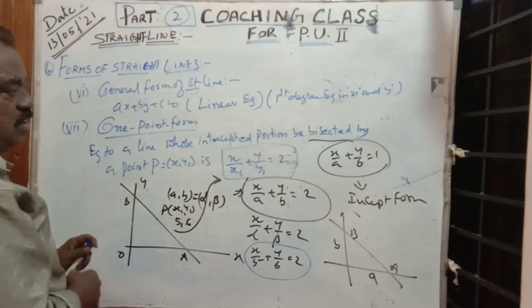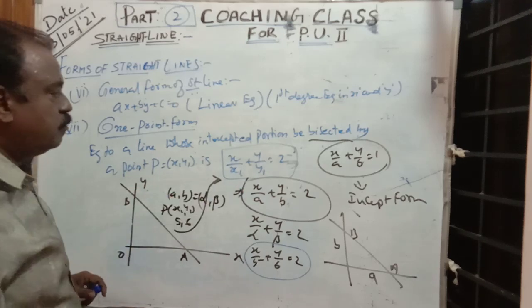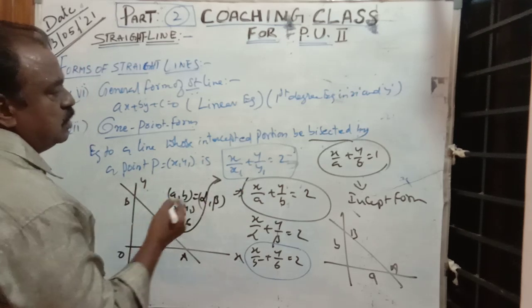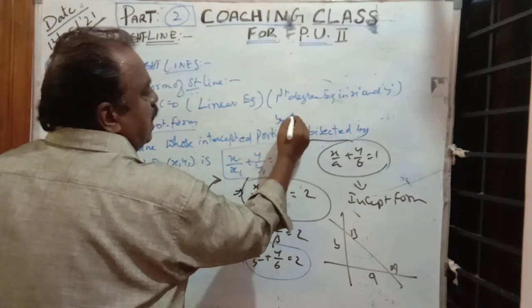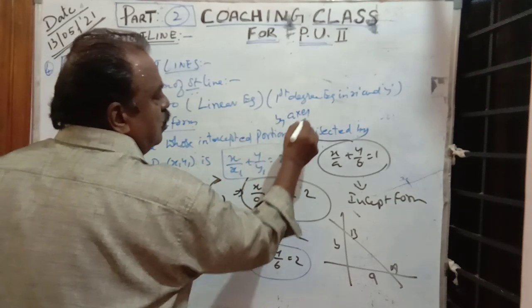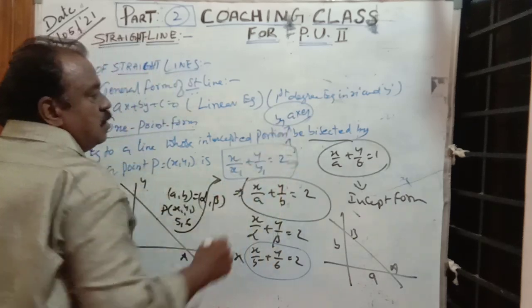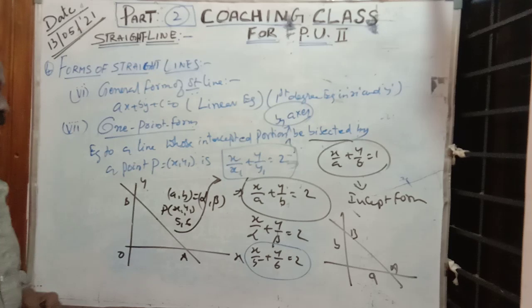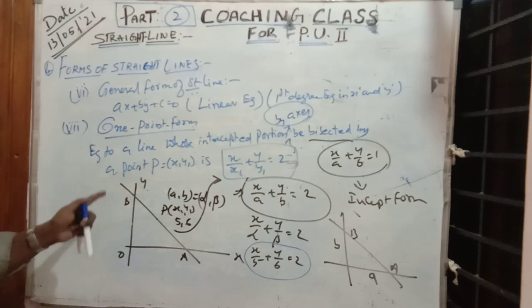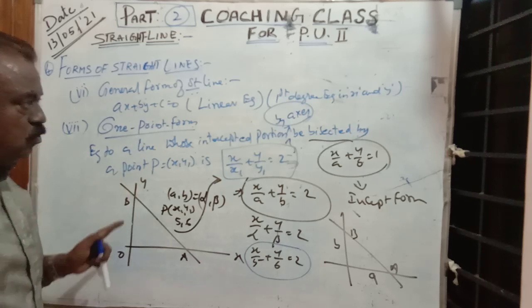That is the meaning. Intercepted portion by axes be bisected, that is the midpoint of it. So it is also a very good concept. Examples and diagram are there. Statement is also there.